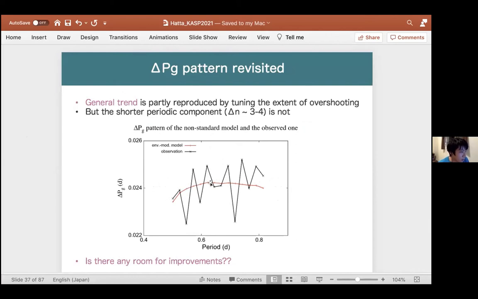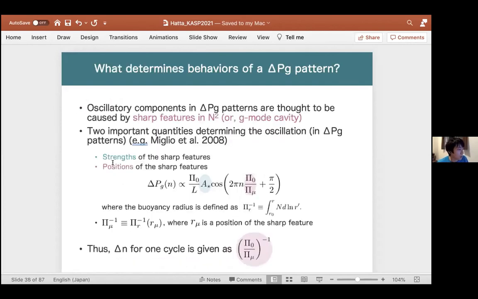The red one is obtained based on the non-standard model we constructed. As we see, the general trend is partly reproduced by tuning the extent of overshooting, but the shorter periodic component is not. So is there any room for improvement? That was what we were discussing. And actually, the answer is yes.